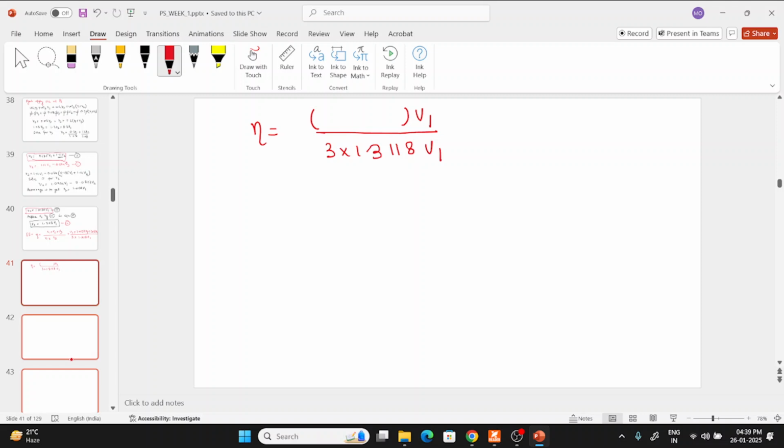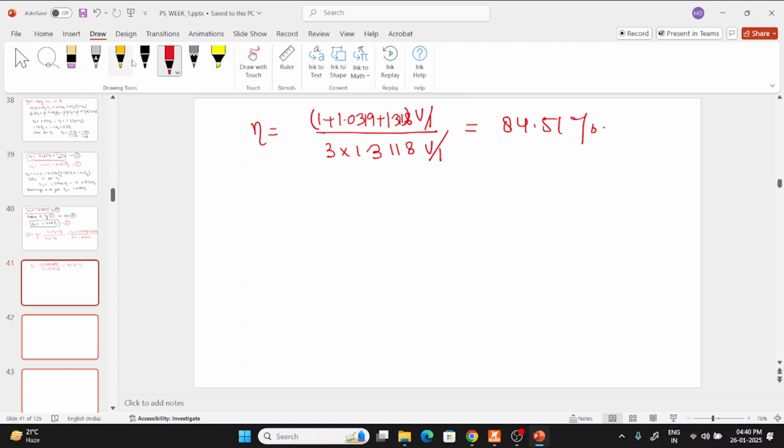Okay, I get it. You already calculated the string efficiency. Great. So let me write it. V1 is calculated, and as per you, other people, I think it will come out to 84.51 percent.